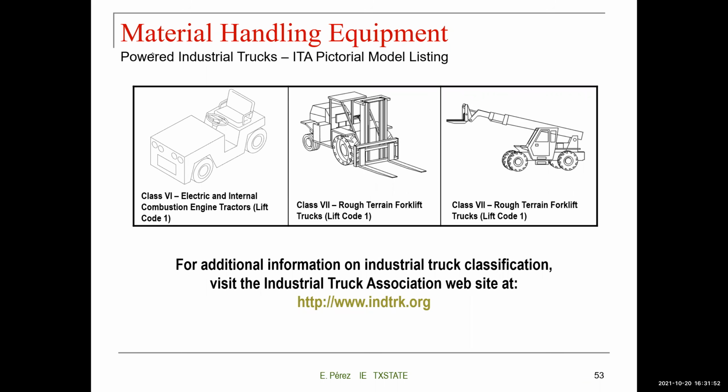And here are the ones that are outdoor. See these, and you see the tires and so on. They're different. So these are called class 7 rough terrain forklift trucks. And you can find more information about the different trucks on this web page.